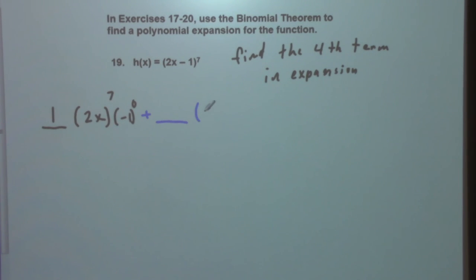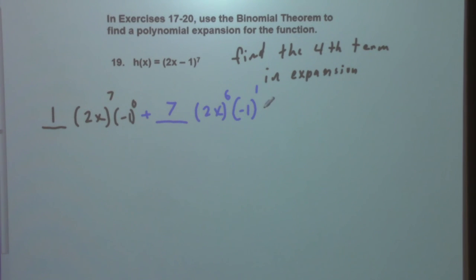Then plus, our second term is going to be this one right here. And we're going to have 2x to what power? To the 6th. And negative 1 to the power of 1. And what number is going to go out here? The number is going to be 7, because the second term is always equivalent to that.